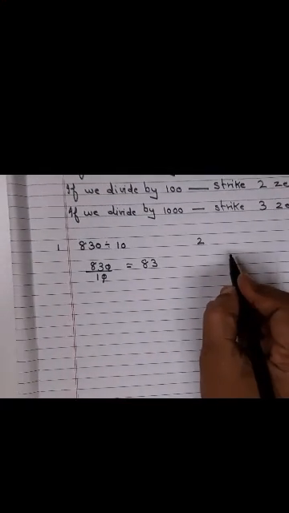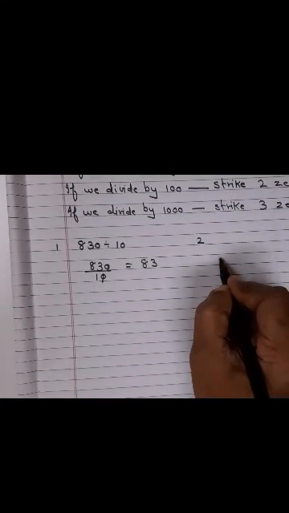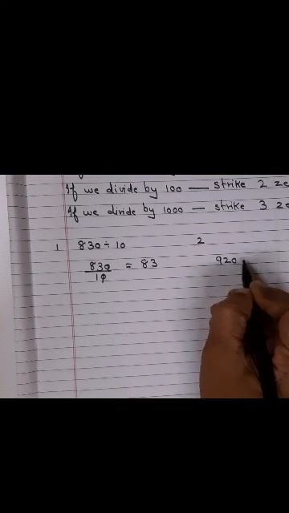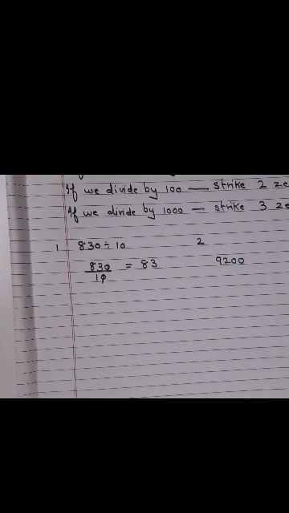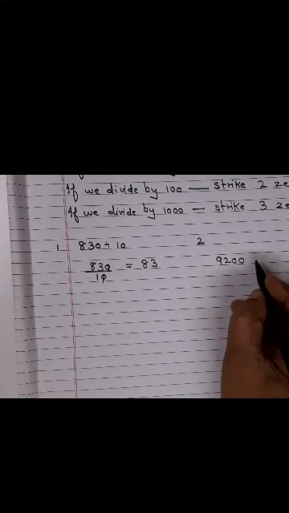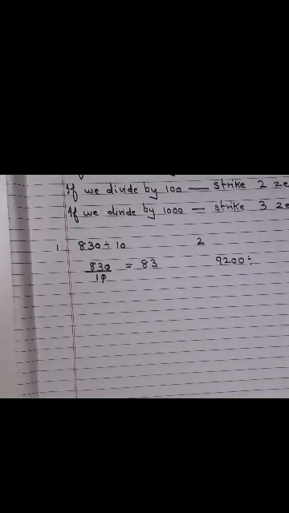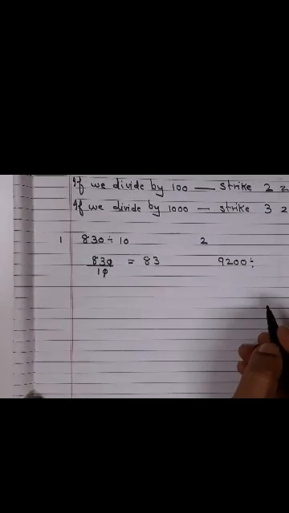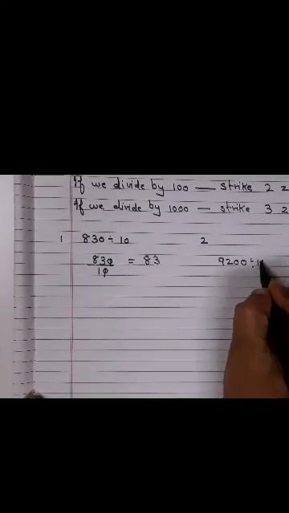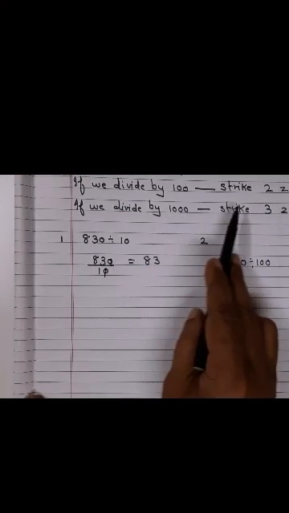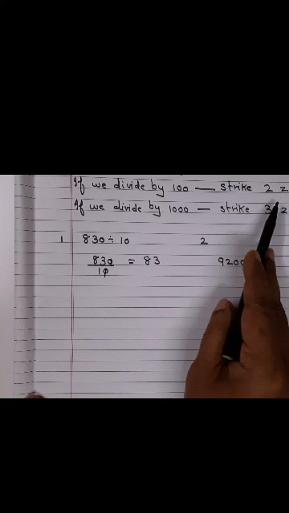Let's take 9200 divided by 100. Okay, what do we do, children? When you divide by 100, you strike 2 zeros, right?